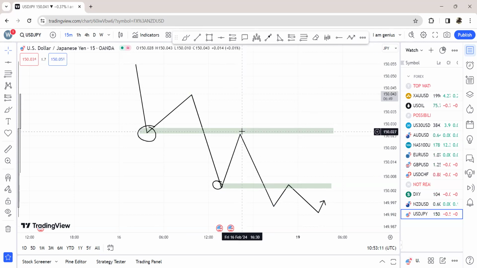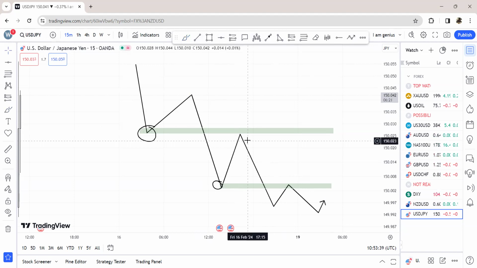Because remember, we said resistance levels are areas where the market fails to go any further up. Support levels, areas where the market fails to go any further down, or any lower. So once the market comes back to this level, what are we anticipating is going to happen?